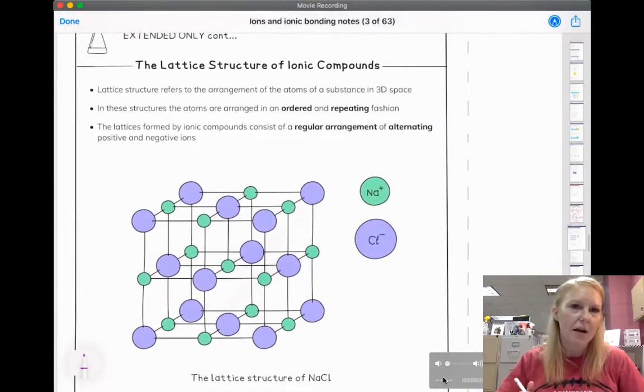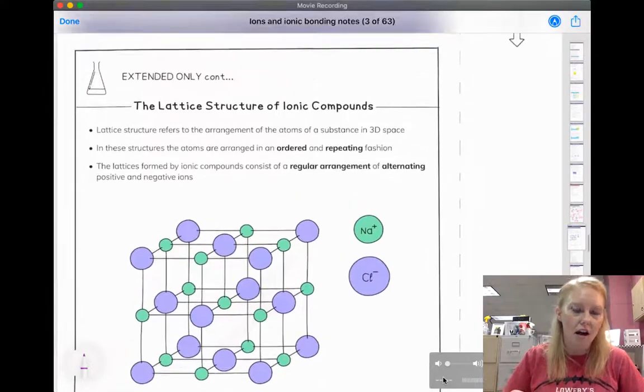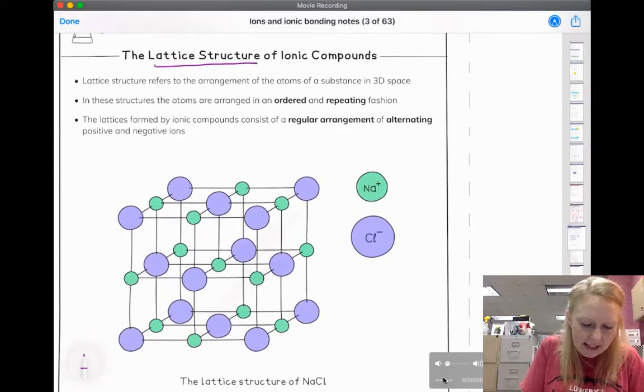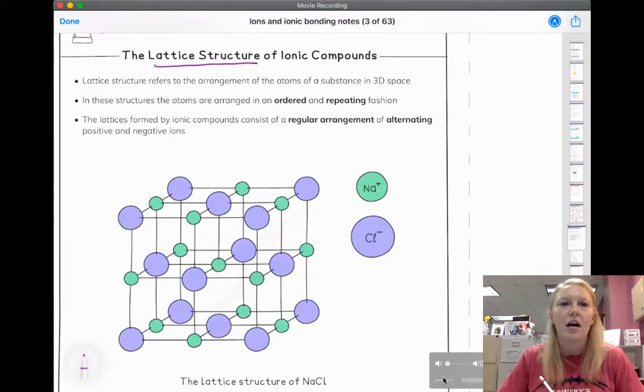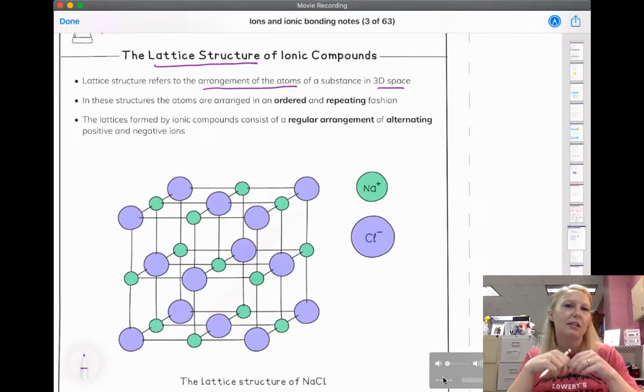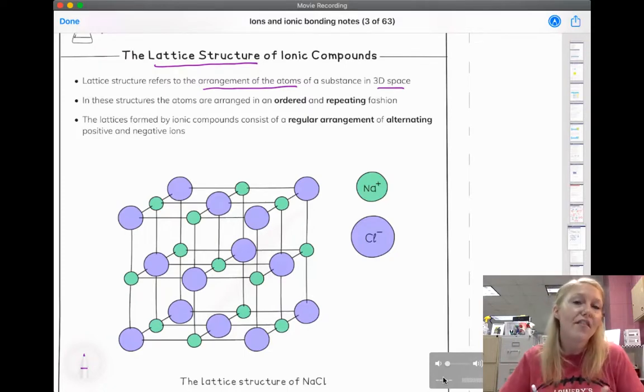And that leads us to what they look like. I've been describing the construction of ionic compounds as giant ionic lattices. So that's the structure of an ionic compound. And this lattice, what it's referring to is that arrangement of atoms that makes up the 3-dimensional space. So like before when we talked about sodium chloride, the table salt, being that hard little piece of salt that you can pick up, well, every ionic compound is similar to that.